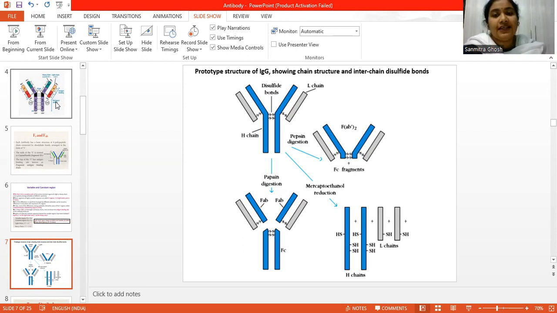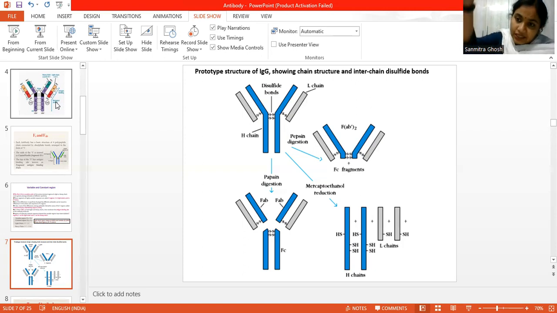So when the IgG antibody was first taken as the sample and treated with papain, it was found that it breaks down into 3 segments. And these 3 segments can again be segregated into 2 parts based on their molecular weight. There were 2 identical fragments and 1 fragment which is different in size.